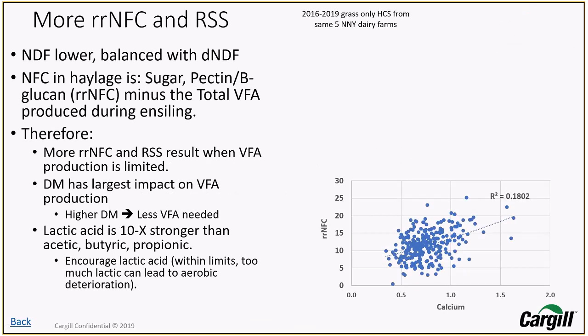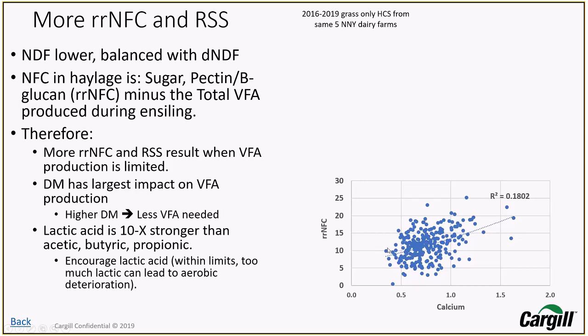Relationship to keep in mind is that rumen residual NFC as a nutrient is not going to be much different based on legume to grass. As you can see, at least in this data set, we don't have a huge difference. Most of these farms are mixed, mostly grass, and they're coming in around 0.7 on average.